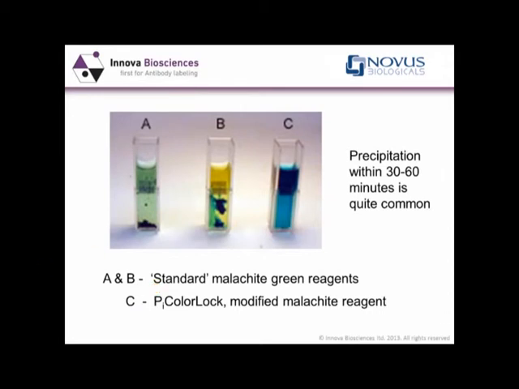Okay, these are some of the problems you can face with malachite reagents. Precipitation within 30 to 60 minutes is quite common. So Innova Biosciences has a modified malachite reagent which shows much greater stability.